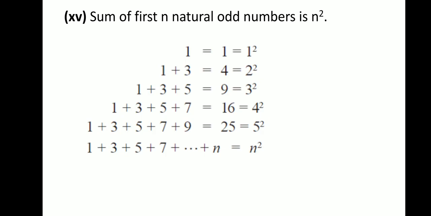If I add 4 consecutive natural odd numbers, then I get 4 square, that is equal to 16. Same is the case with 5 square, that is equal to 25. If I add 5 consecutive odd natural numbers, then I get 5 square, that is equal to 25. Likewise, if I keep on adding n natural odd numbers, then I get the sum as n square.